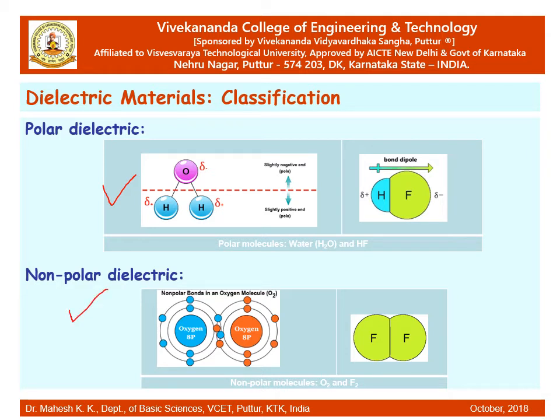In the case of polar, the molecules have a pole, like you see that there is a negative charge and a positive charge, and the molecule is HF. Similarly, in the case of water, you have positive here and negative here. That is the difference between polar and non-polar dielectrics.